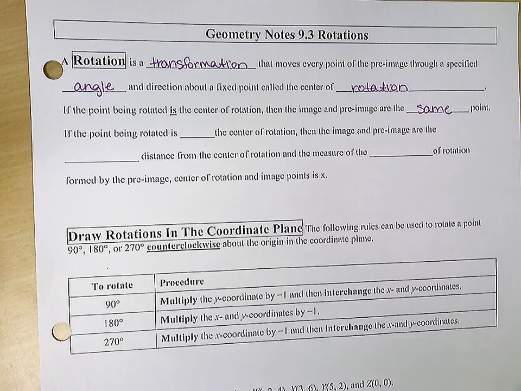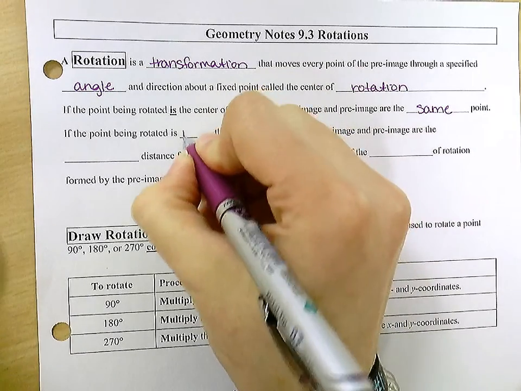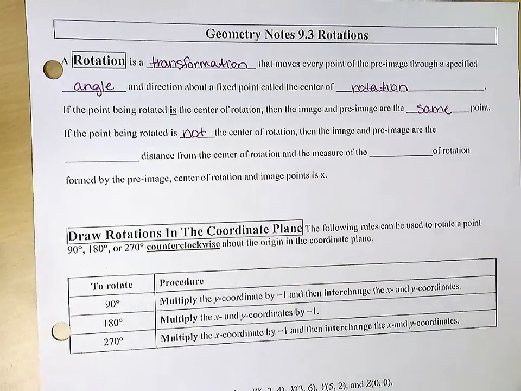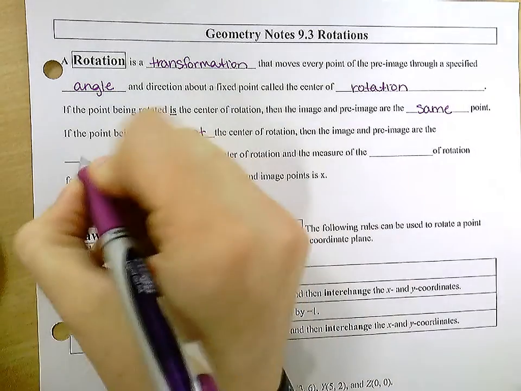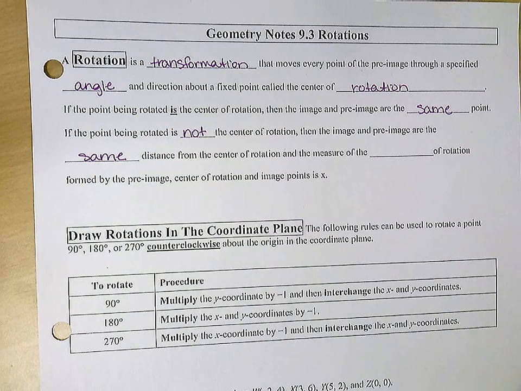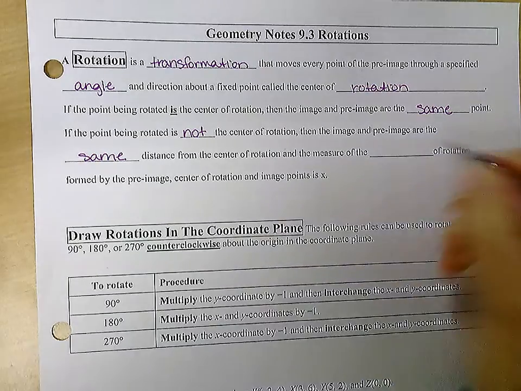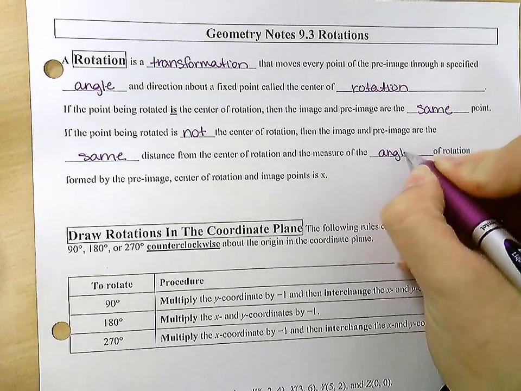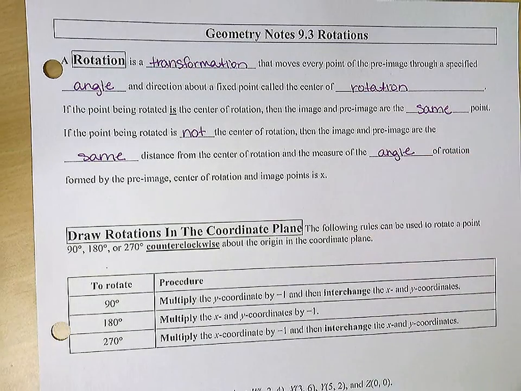If the point being rotated is not the center of rotation, then the image and pre-image are the same distance from the center of rotation, and the measure of the angle of rotation formed by the pre-image, center of rotation, and image point is x.